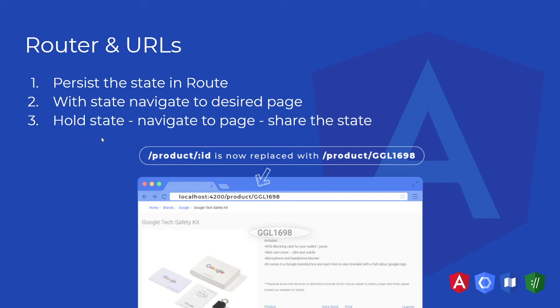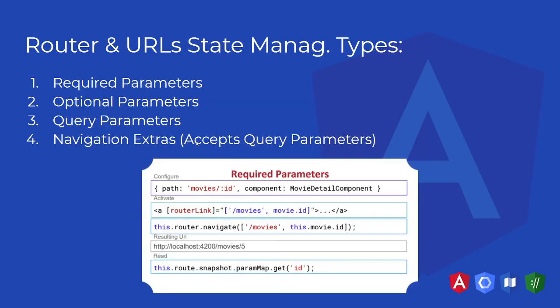Routers are holding the state. Let's suppose you are sending the data, and after some logic you make your application route to some other page, like with the Angular router, this.router.navigateByUrl. On these type of things, they hold the state at that moment, and when you navigate to the page, the held state is now shared.